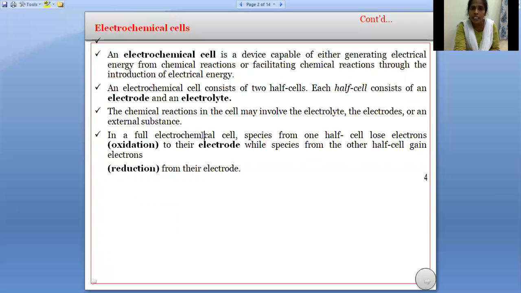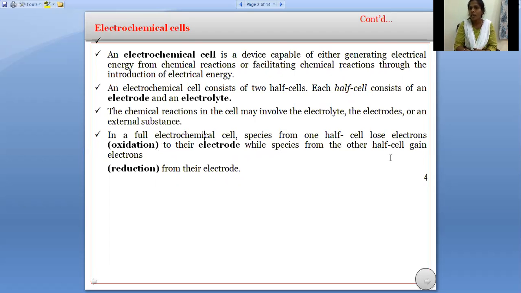The chemical reactions in the cell may involve the electrolyte, the electrode, or an external substance. So what is involved in the chemical reactions here? Electrolyte, electrodes, and some external substances. In a full electrochemical cell, species from one half cell lose electrons to the electrode, while species from the other half cell gain electrons.